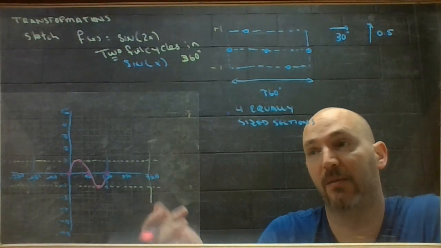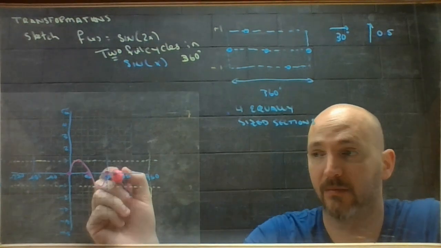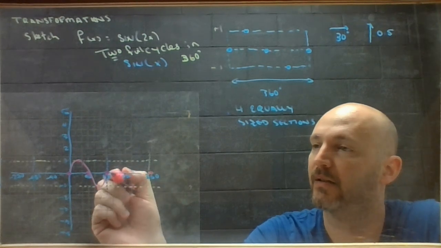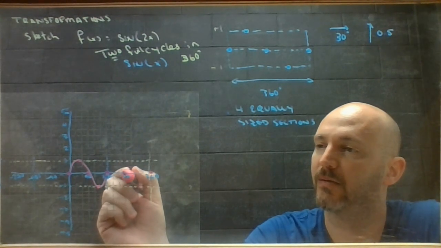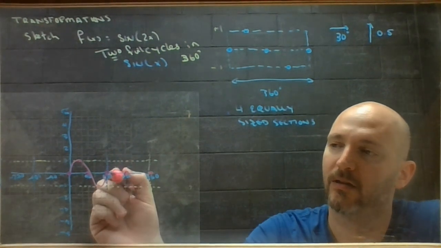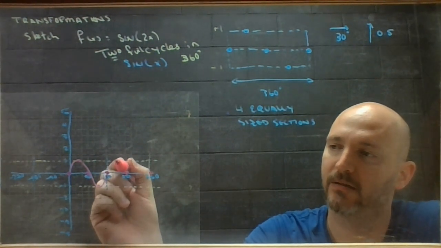Once you have it in one box, you have to put it in all the rest of them. So 0 at the beginning, 0 at the end, 0 in the middle, peak halfway, trough halfway.